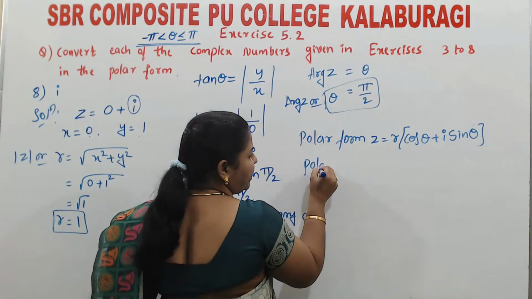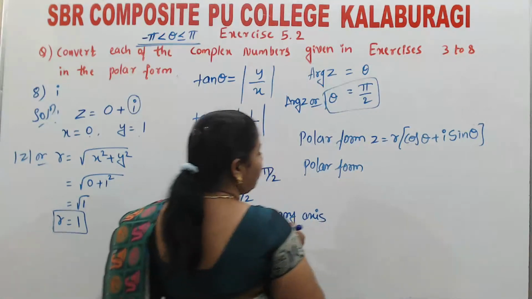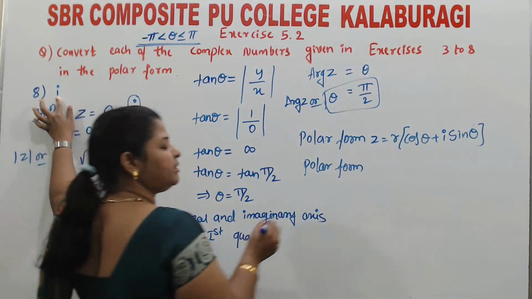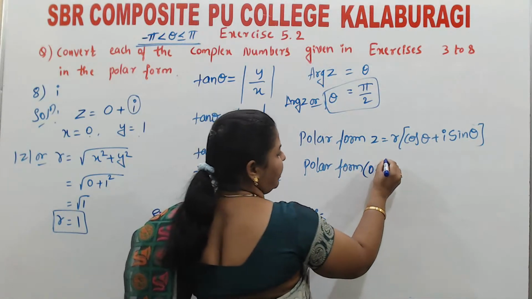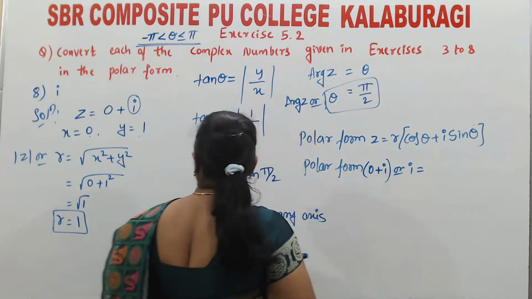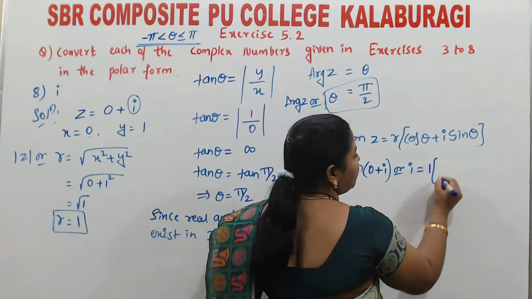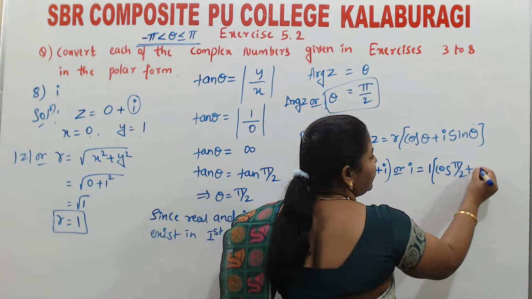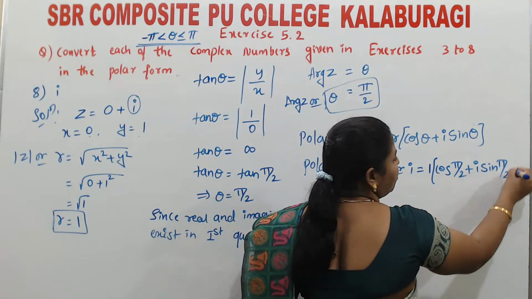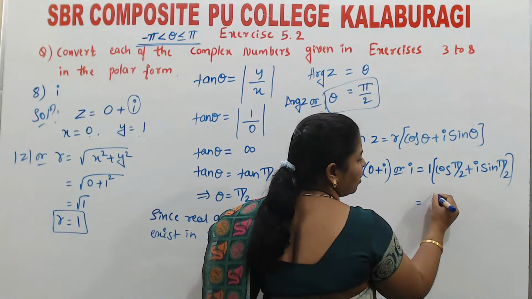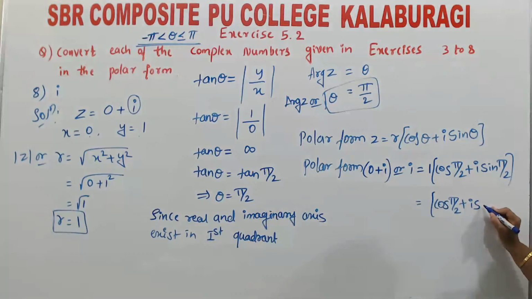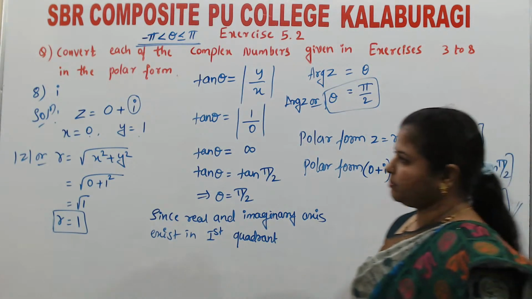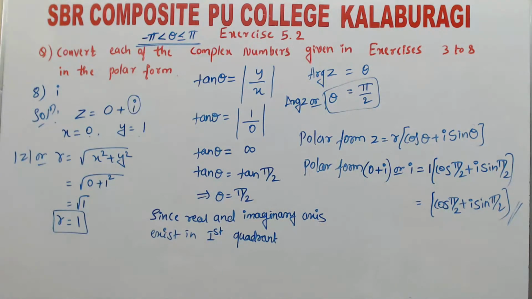So polar form of the given Cartesian form, 0 plus i or only i, is equal to, what is r? r is 1. 1 into cos pi by 2 plus i sin pi by 2, which is also equal to cos pi by 2 plus i sin pi by 2. Is it clear? Okay. Next one.